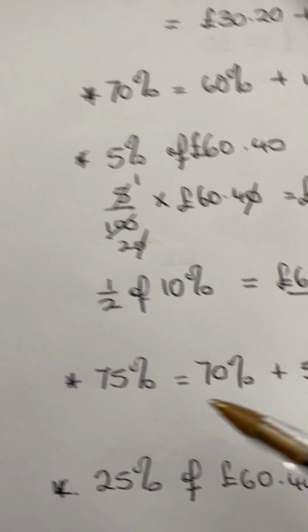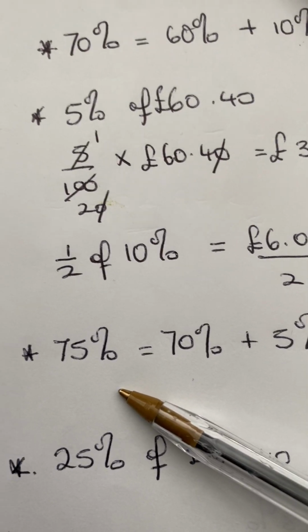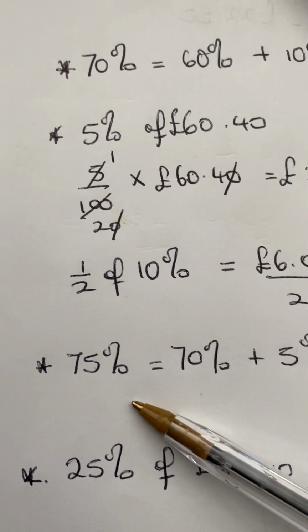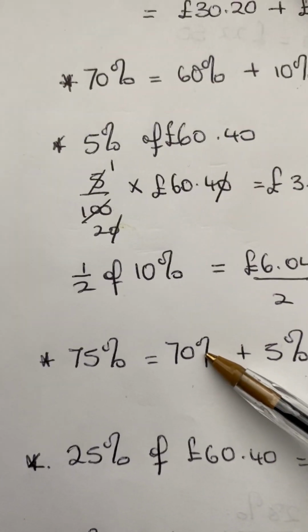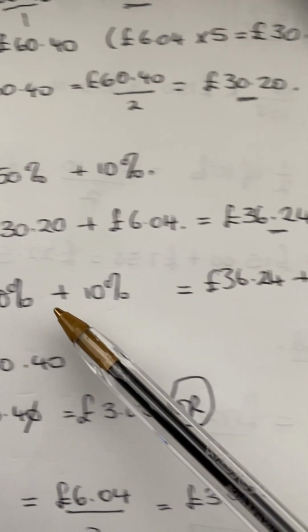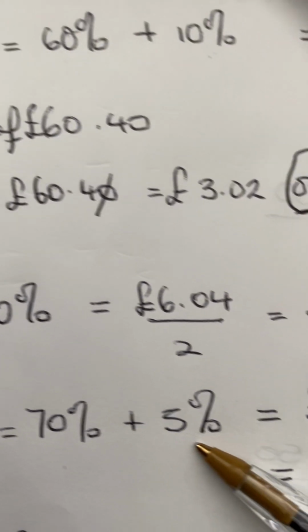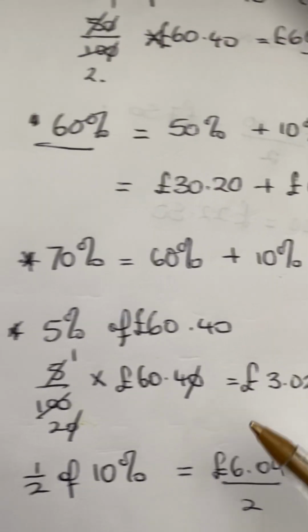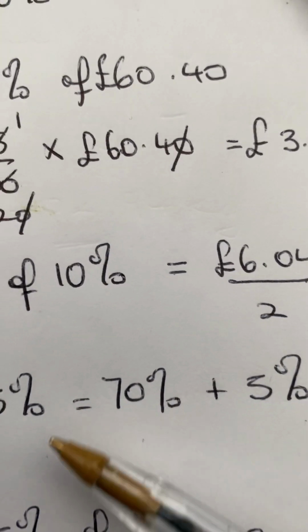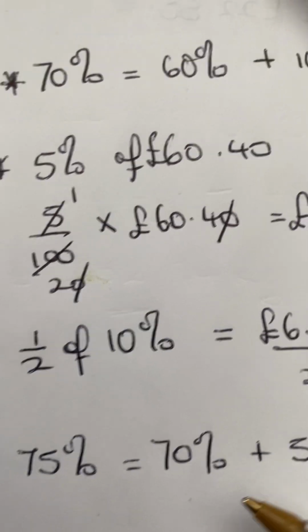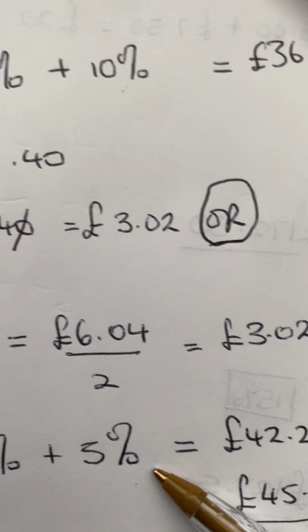Now, if they ask you to find 75%, you already know 70% from this one, which is this figure, and you already know 5%, which is what we just did. So 75% will be 70% add 5%.